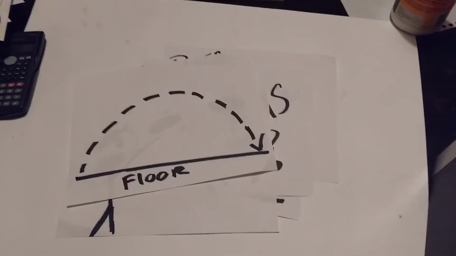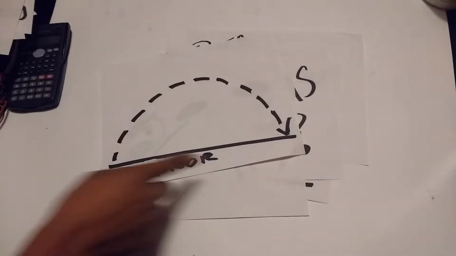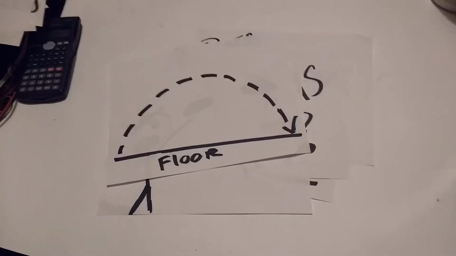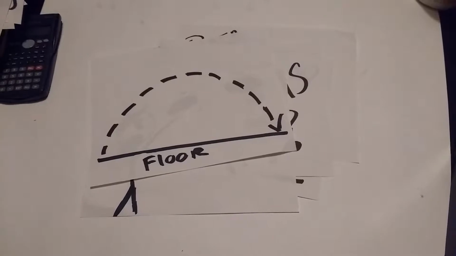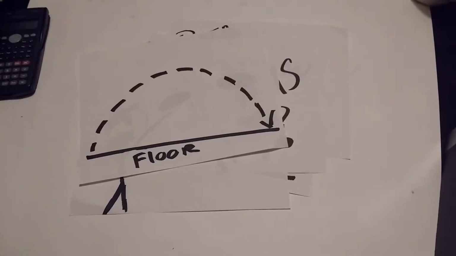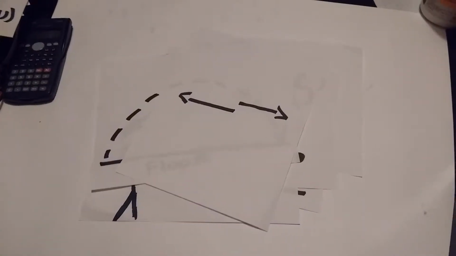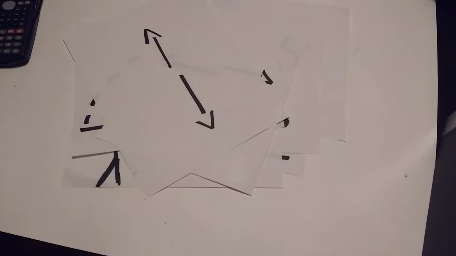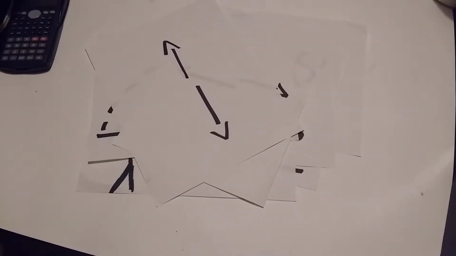And this ball creates a parabolic movement, like a wave, a trajectory that goes along a parabola line. There are two movements: to the right and to the left, and up and down.